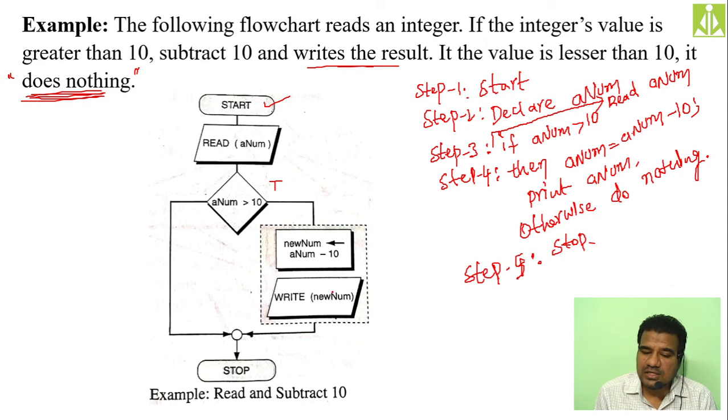And both of these symbols must be enclosed when the condition is true. Inside the two-way selection, only one statement is allowed, either in the true path or in the false path. You can't put more than one statement. So over here, how many statements we have kept indirectly?